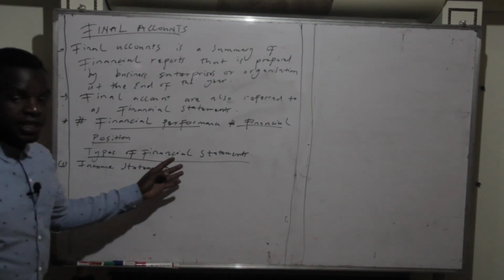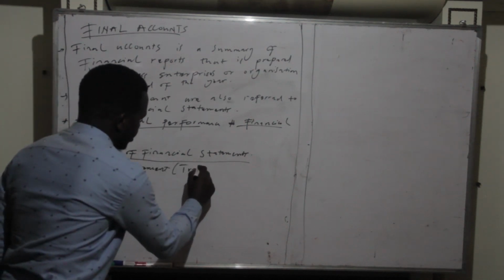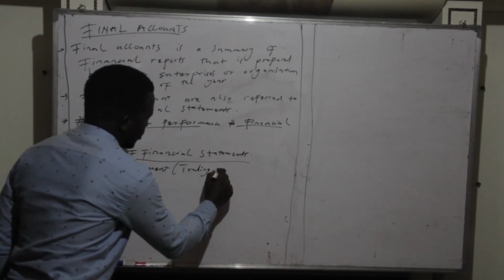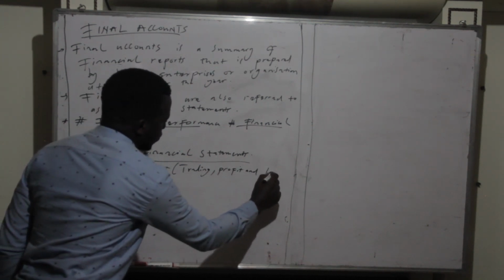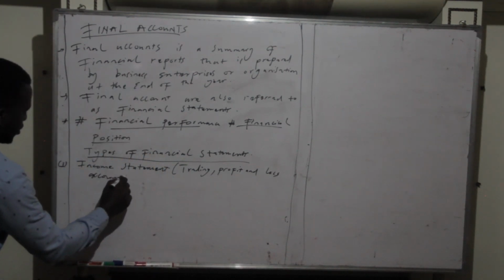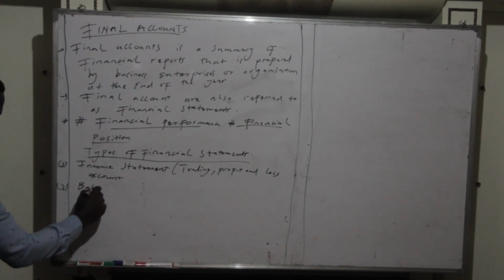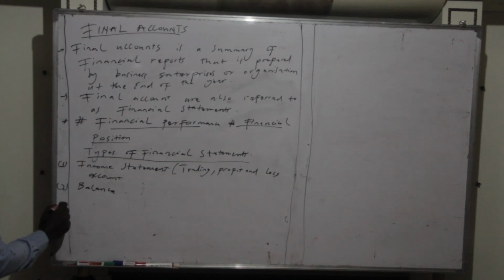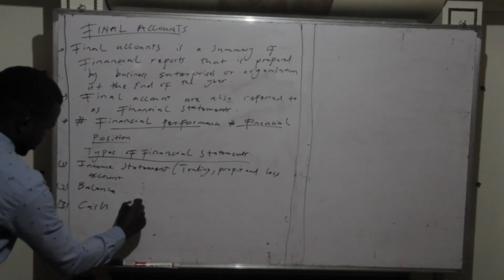This income statement is also referred to as the trading profit and loss account. Then we also have the balance sheet. Then we also have the cash flow statement.